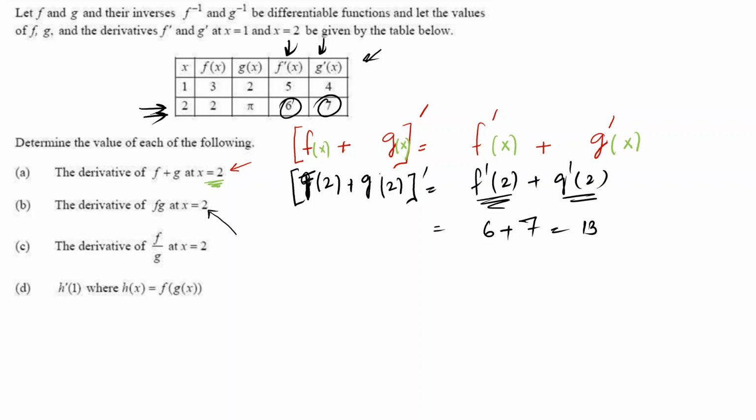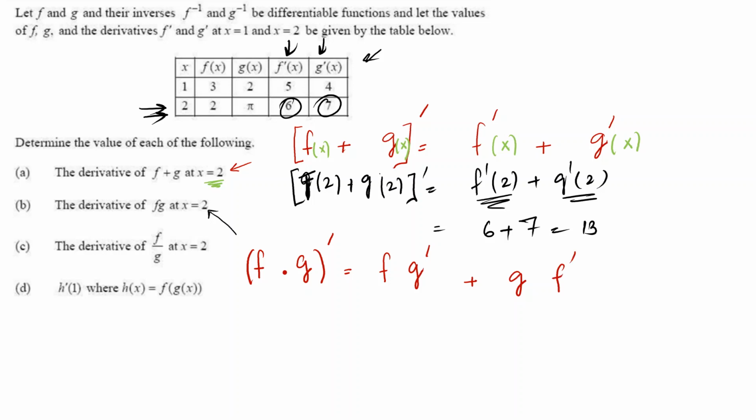Now in the next question, they are asking you to find f times g. When they ask you to find f times g, it means you are going to use the product rule. It is not the sum and difference rule where you put f prime and g prime. No, it is a rule which states: write the first function, take the derivative of the second function, put the plus sign, then write the second function and take the derivative of the first function.